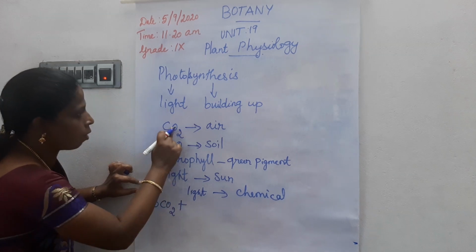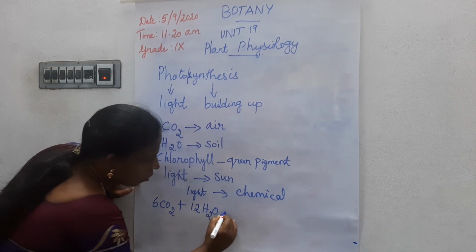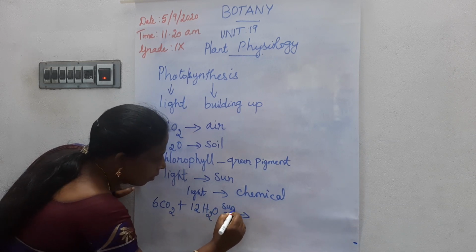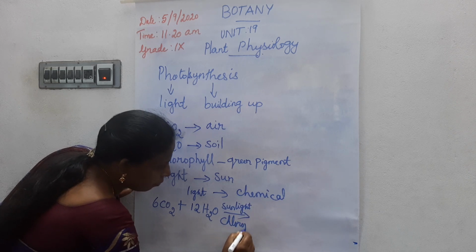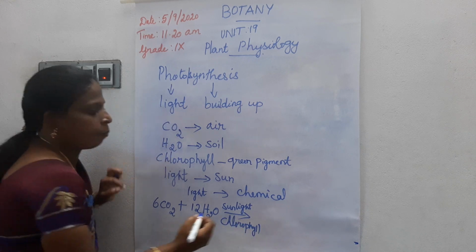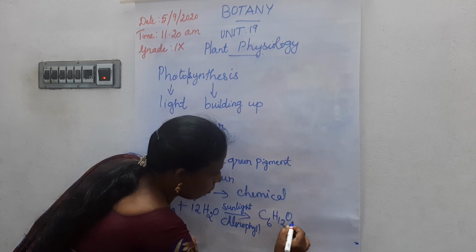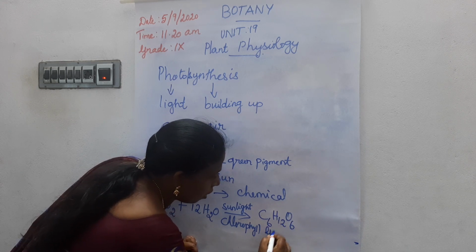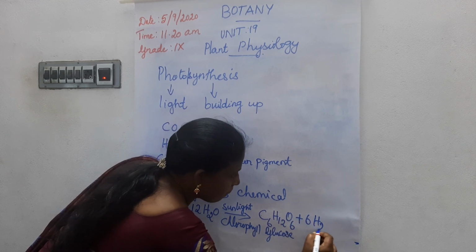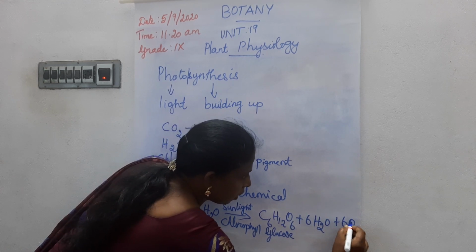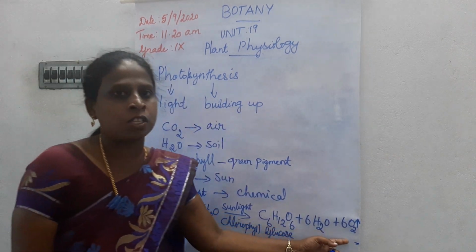So they are using carbon dioxide and water, 12H2O. In the presence of sunlight and chlorophyll they are preparing the food carbohydrate, that is C6H12O6, the molecular formula for glucose, and water, and the gas evolved during photosynthesis is oxygen.